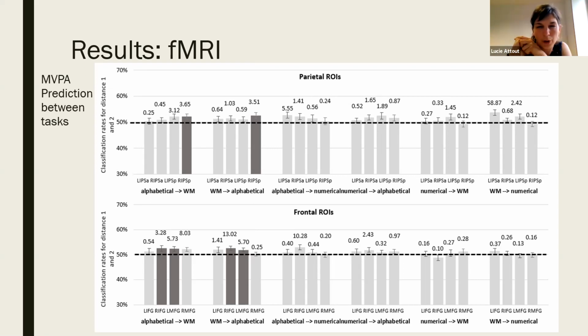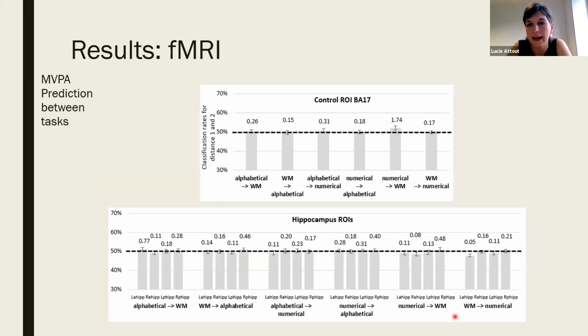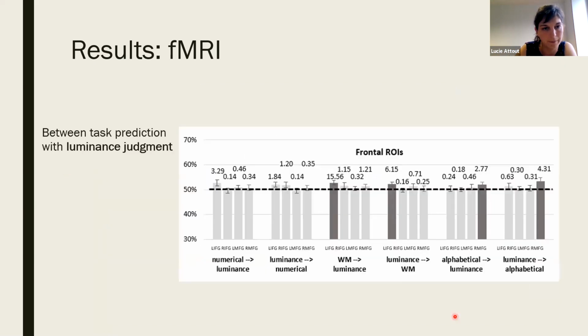And we observed a robust prediction between alphabetical and working memory tasks in both ways at the right posterior IPS level and the inferior and middle frontal gyrus level. But very interestingly, no prediction at all with the numerical order task was observed. And this prediction wasn't found in other areas, such as occipital or hippocampal level. So it seems very specific.